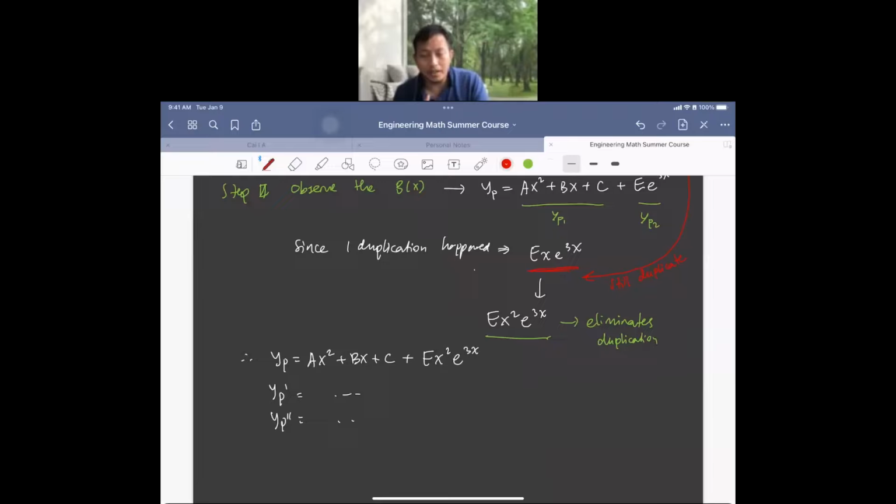Maybe I will share one or two links that can be helpful to understand the Euler formula, because it's connecting the imaginary or the complex plane with our real plane. So it can transform the imaginary solutions into real functions.